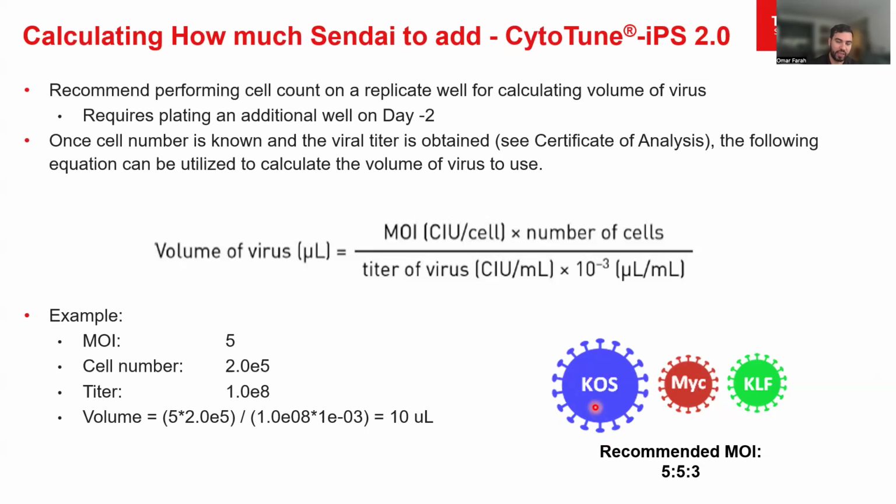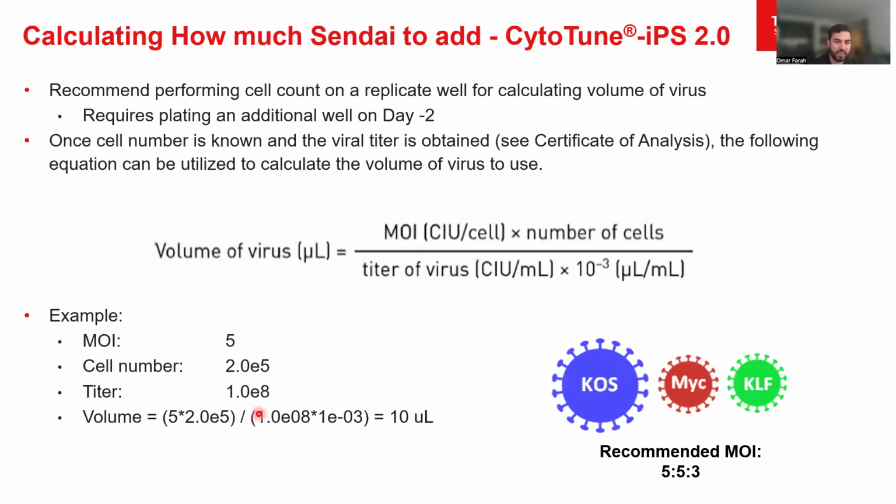We have the KOS vector that has a recommended MOI of 5, right? So 5 referring to this vector right here. We're going to multiply it by the number of cells that we count on day 0. And then we're going to divide it by the titer of the virus that you can find in the certificate of analysis that you'll receive with your kit itself, right?